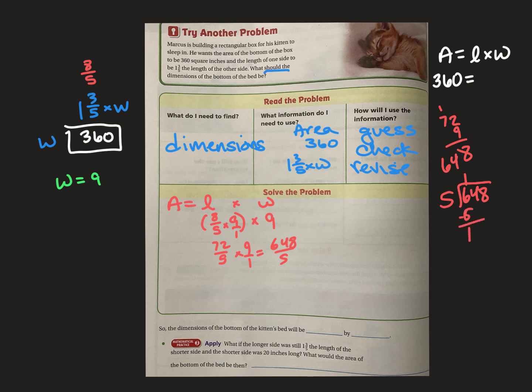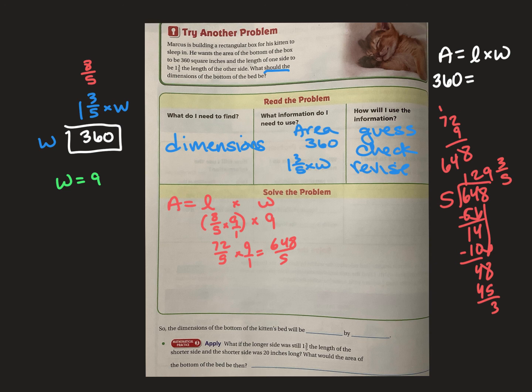Gets me close. 5 times 2 gives me 10. And 5 times 9 gives me 45, with 3 out of 5 left over. Okay, I was looking for 360 and I got 129 3/5. Way too small. So I've got to go bigger.